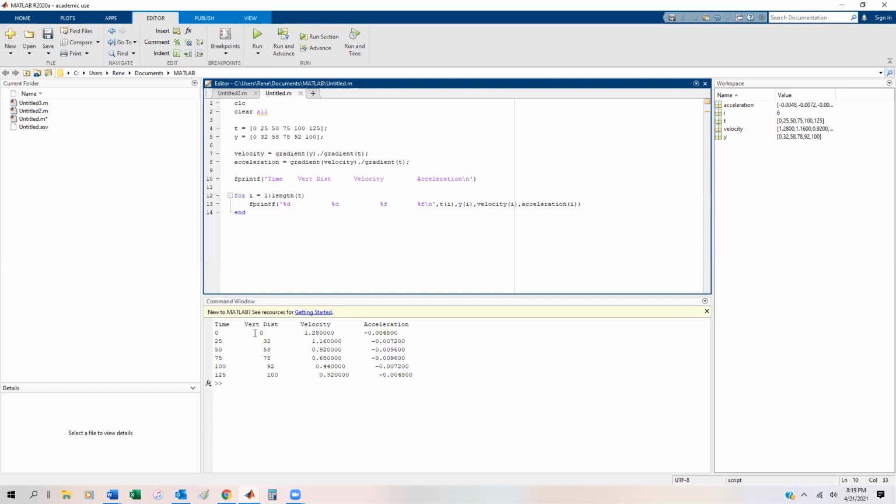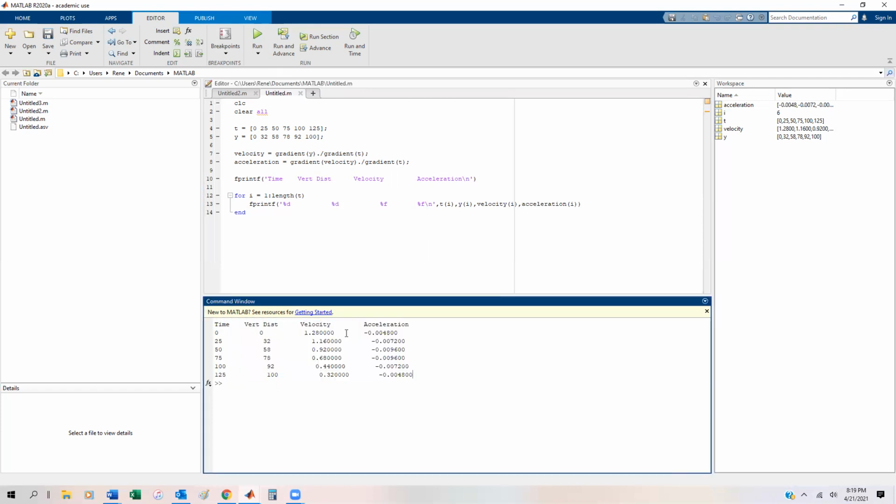What it does is numerically approximate the velocity and acceleration. This makes sense because notice as the time goes on, initially there's a pretty big jump in the vertical distance: 32 meters, then 58 meters, then 78 meters.